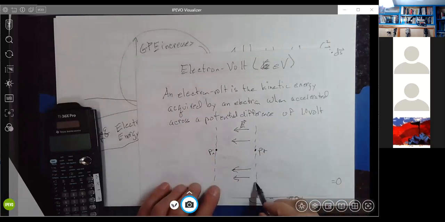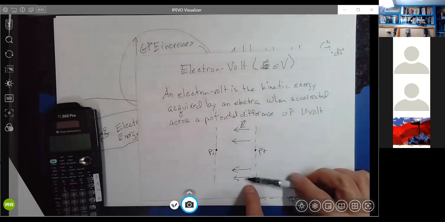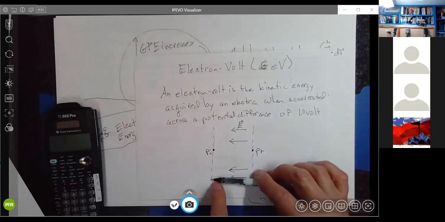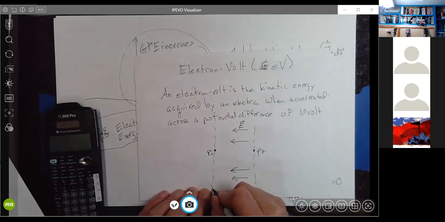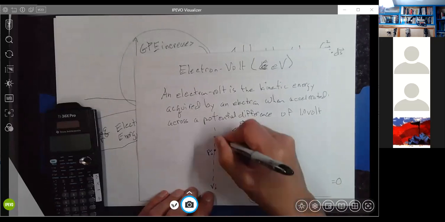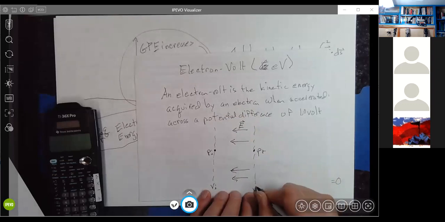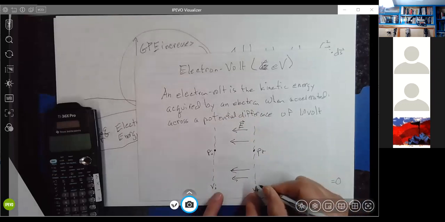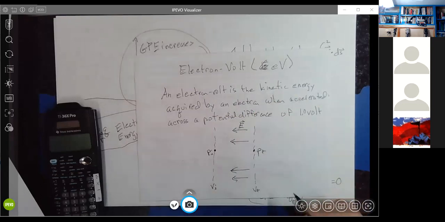And now remember, the electric field points in the direction of decreasing electric potential. So V initial might be the electric potential anywhere along this thing. V final is the electric potential anywhere along this imaginary plane here.